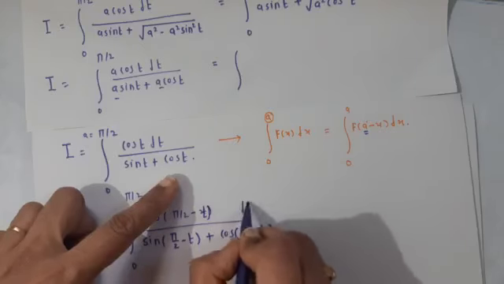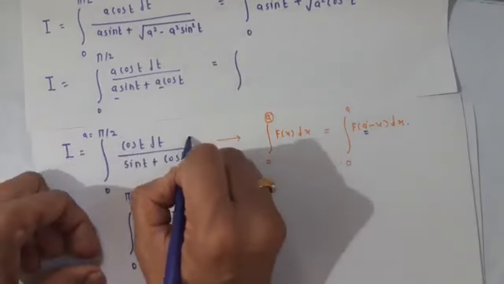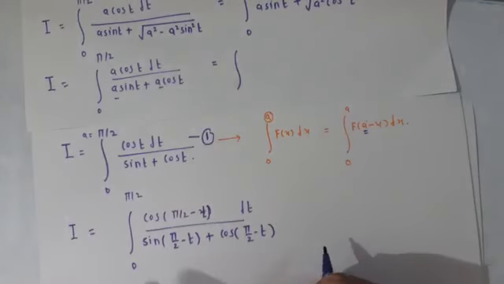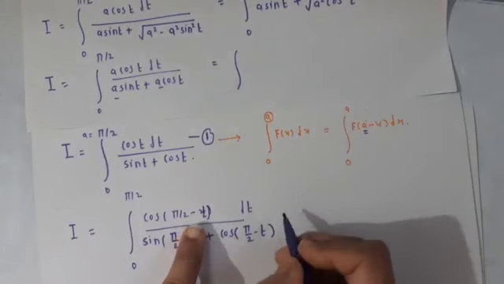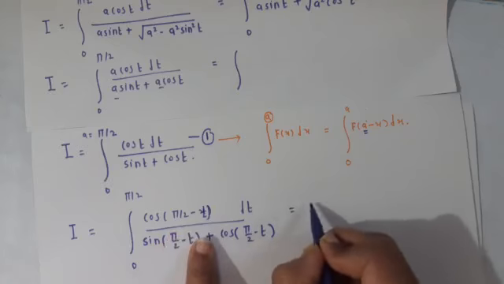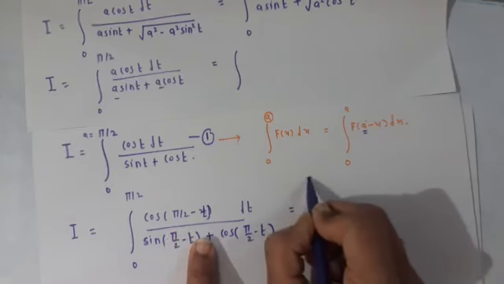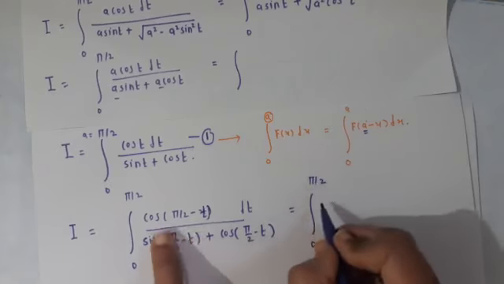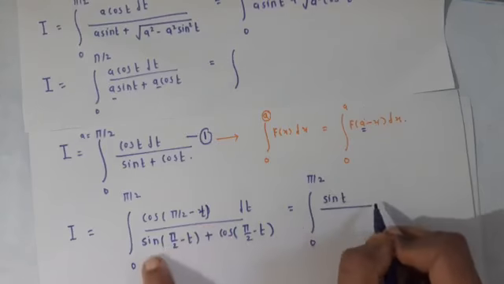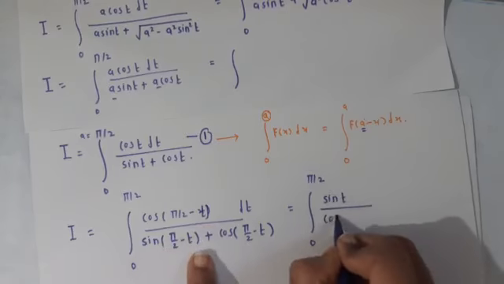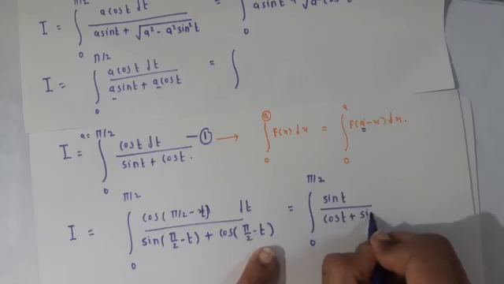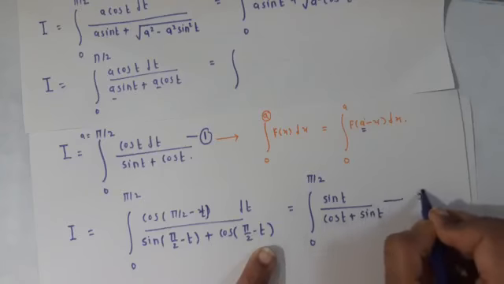with respect to t. Student, this is 1, okay, and you know that cos of pi by 2 minus t is sin t, and this is 0 to pi by 2, cos pi by 2 minus t is sin t upon sin pi by 2 minus t is cos t plus cos pi by 2 minus t is sin t, and this is second.